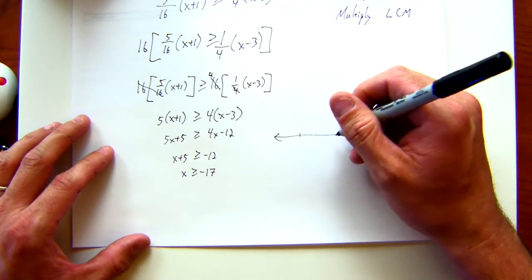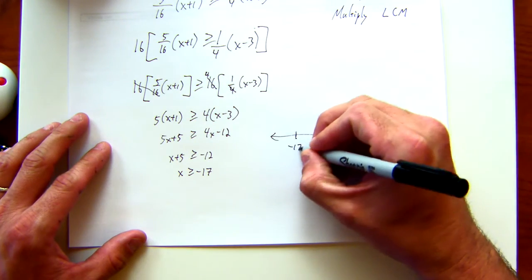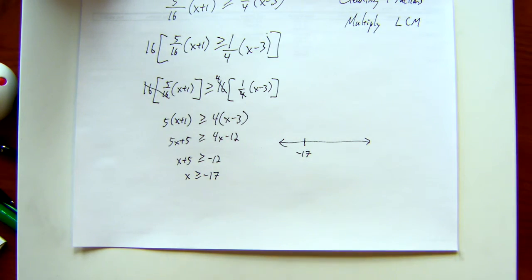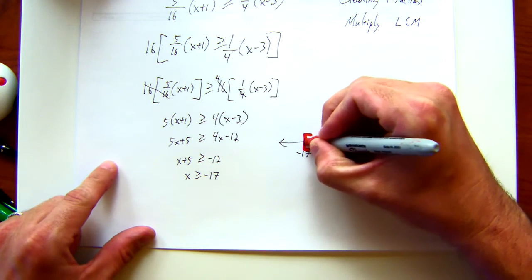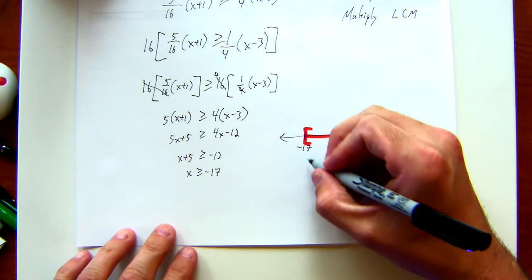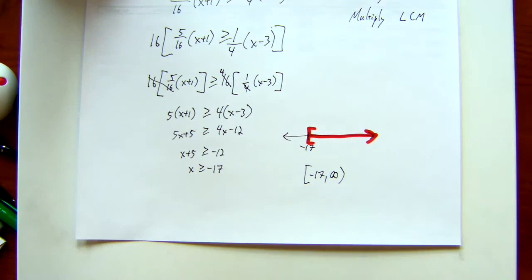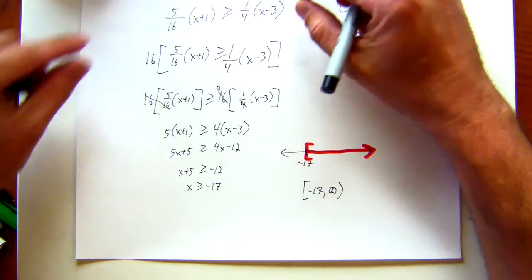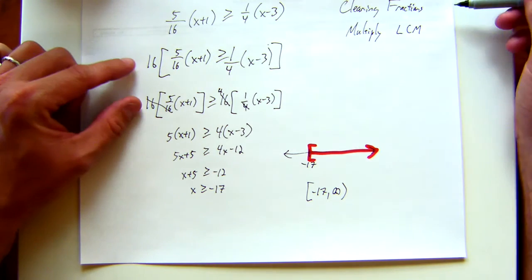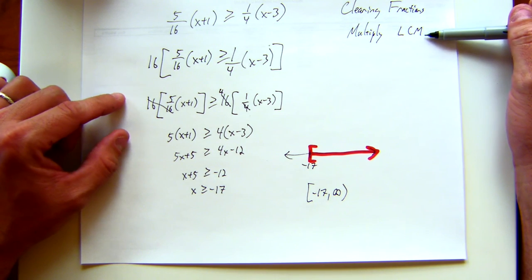You don't have to include the 0 or even any positive number. So I can just pick any point on the graph and label that negative 17. It's going to be greater than or equal to, so it includes it, and it goes this direction. And what's the interval? Any questions? So this is an example of solving a linear inequality using the technique of clearing fractions by multiplying by the least common multiple. Okay?